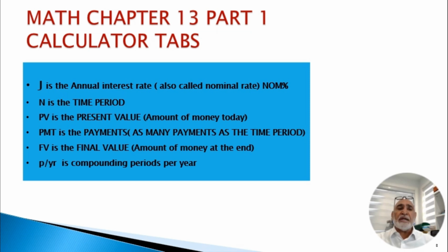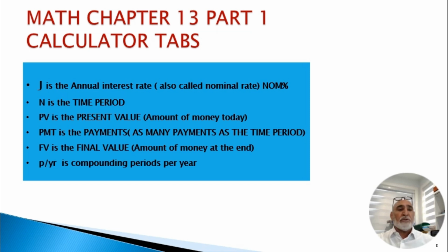And there's going to be a tiny little number underneath, on the right-hand side at the bottom of J. That number stands for the compounding period. We'll talk a lot more about that in part 2 of chapter 13. Another name for the annual interest rate is the nominal rate. So lots of different language, hang in there.